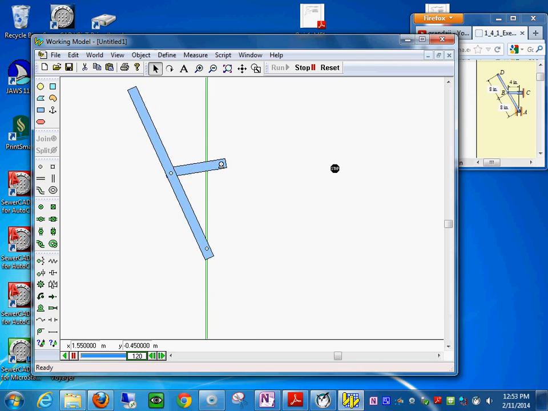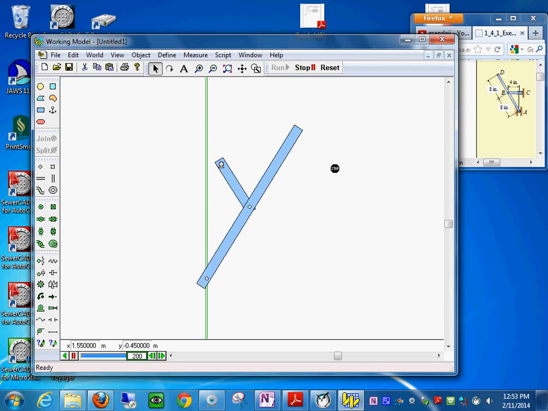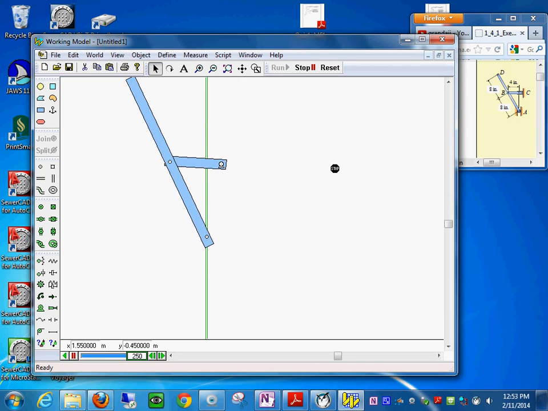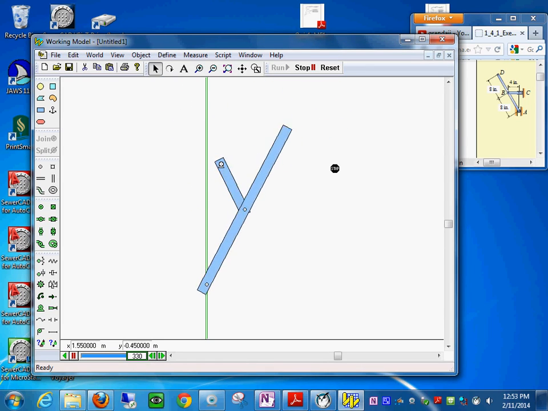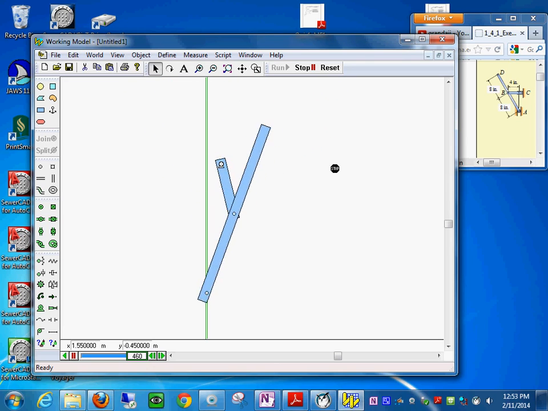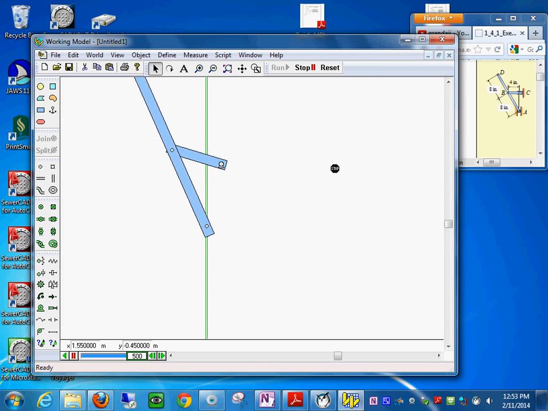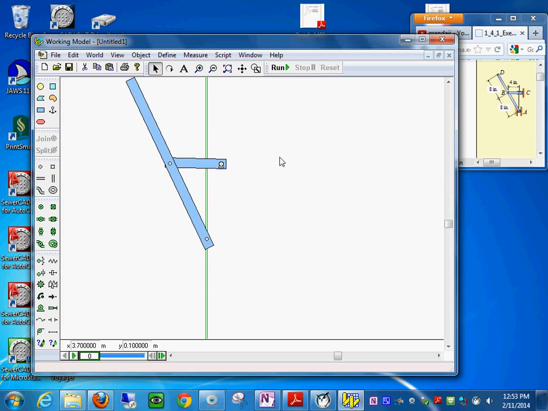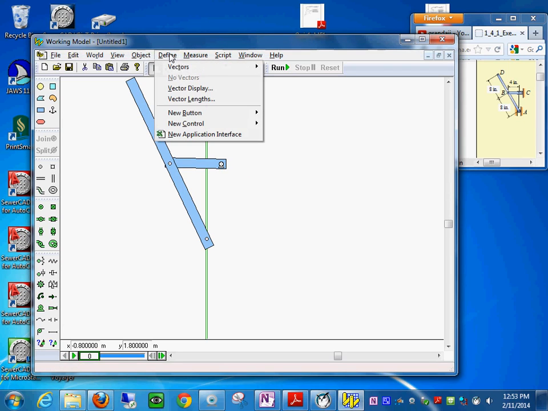This is a very smart program because while the solution we have is in one position, it's going to figure out the acceleration of these points of all the positions as it goes around. So watch this. First of all, I want to know about this point, so I'm just gonna say define the vector.